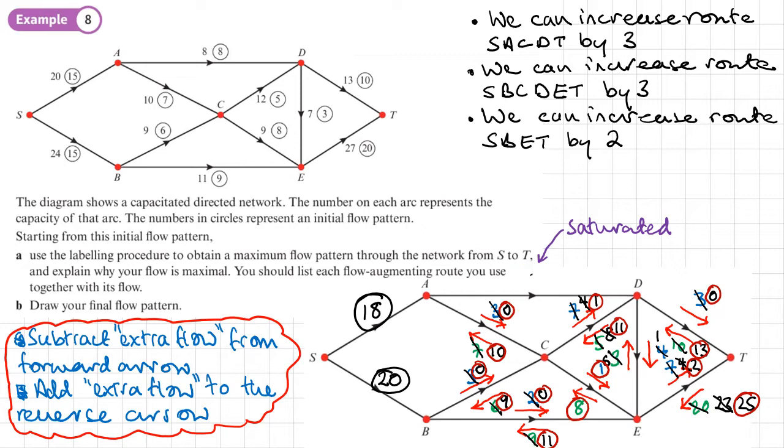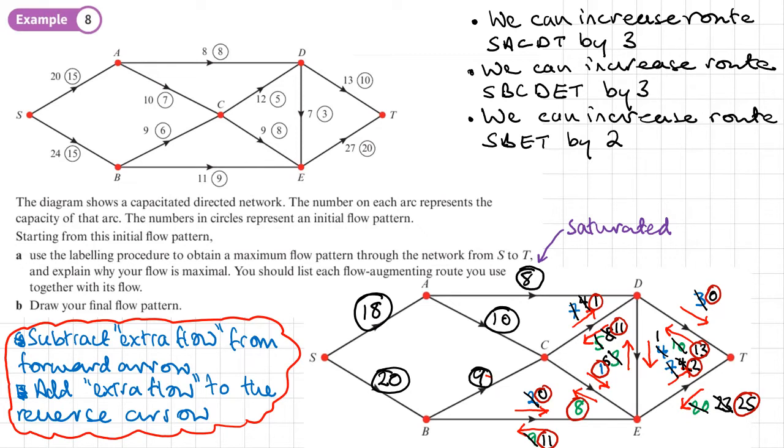I think we've got others that are saturated as well now. A to C, this is saturated. Its new flow is 10. It was 7 before, so we've managed to increase it to 10. B to C, this one is saturated. Its flow is now 9. So we'll put that on 9.